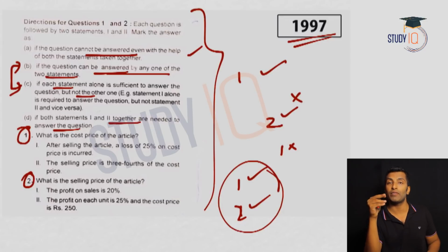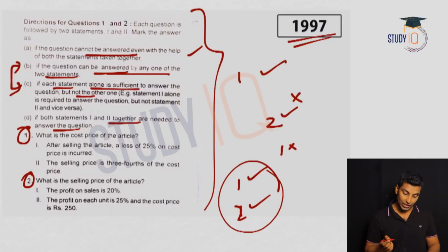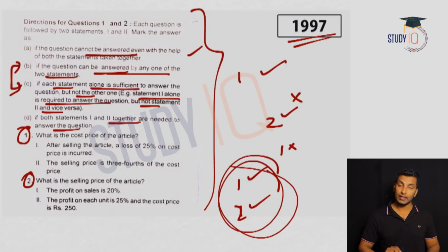Any of the two statements will help you answer. The third says you can answer with 1 but not 2, or with 2 but not 1. That's what it means: each statement alone is sufficient to answer the question, but not the other one. For example, statement 1 alone is required to answer the question but not statement 2, or statement 2 alone but not statement 1, like that. Okay, so these are the differences.